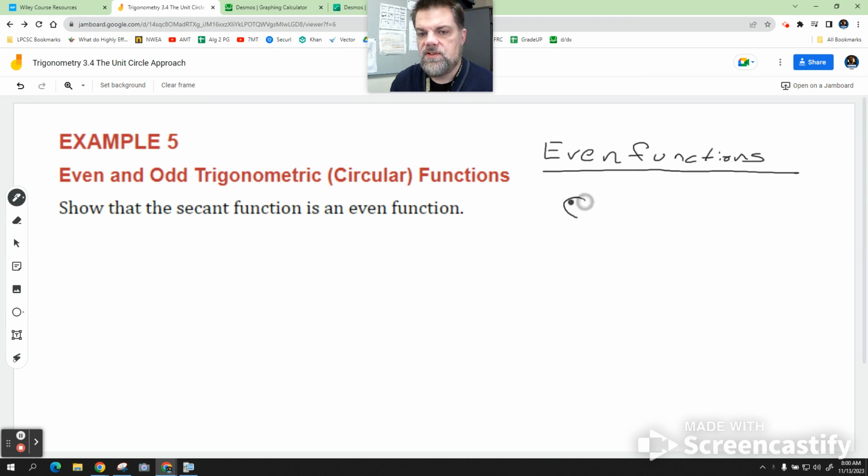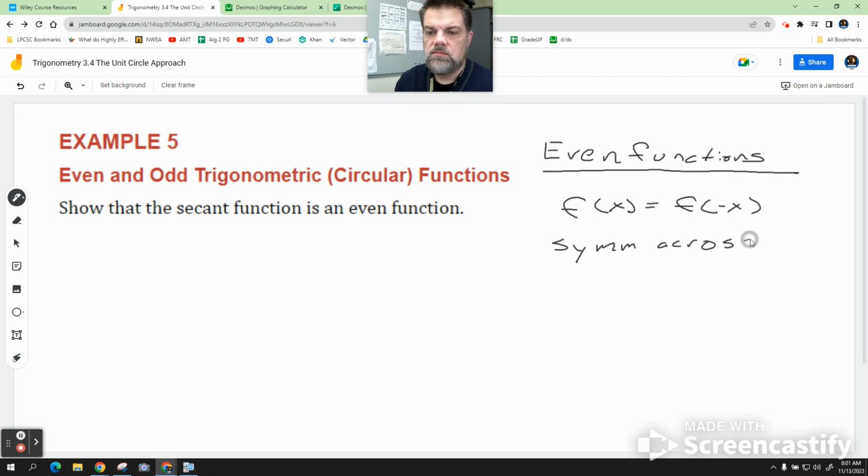In other words, f of x is equal to f of negative x. It's the same y value whether it's a positive or a negative. It has symmetry across the y-axis.